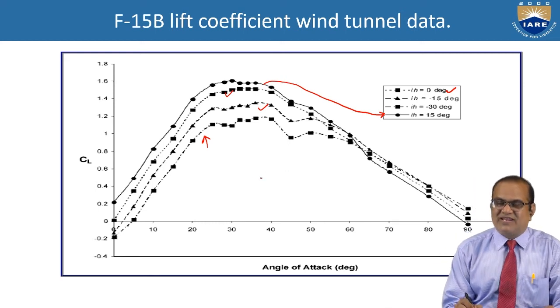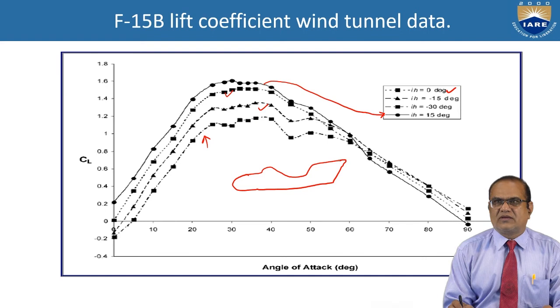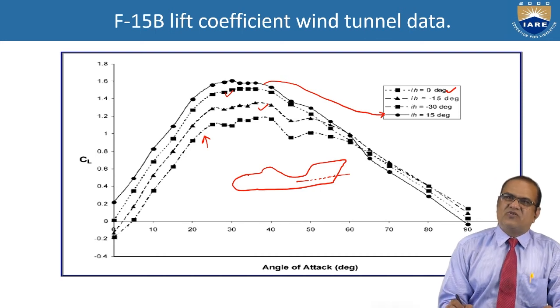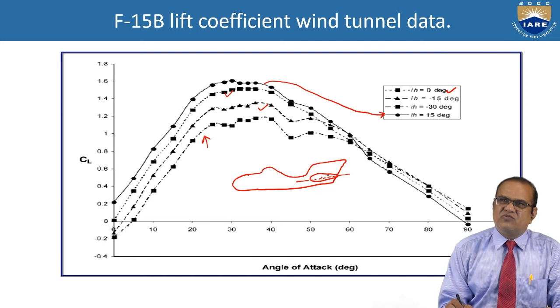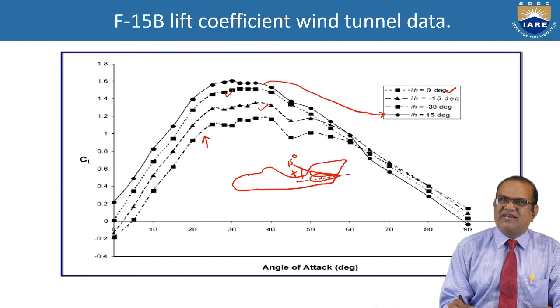So just I will show here also the IH0. Okay, and if you change it like this, this angle is a plus, whatever it may be, the 15 degrees here.